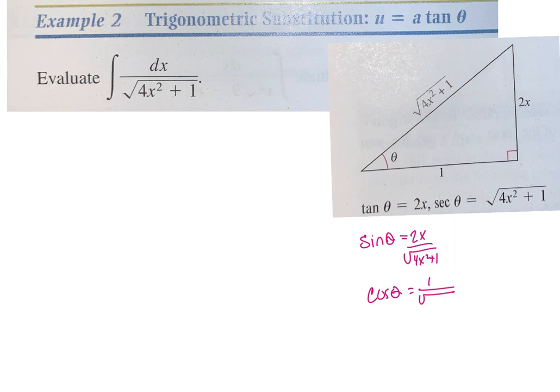So while this looks like it's exactly what I need, the problem with using this is that it's going to be really hard to get an x out of this, and I have to have an x in order to get a dx. And so you'll notice they got the tangent and they got 2x.